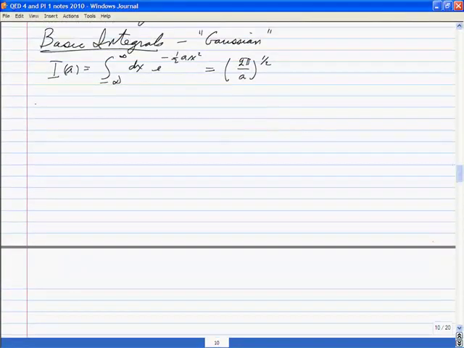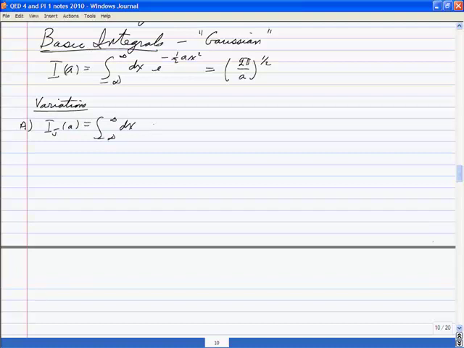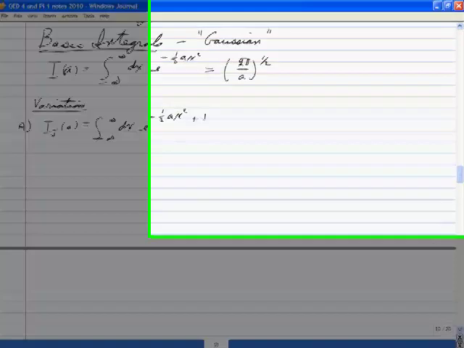Good. Now we're going to do variations on an integral. Okay. So here's variation number 1. I guess I've labeled them A, B, C. So let's define I sub j of A, which is the integral minus infinity to infinity dx e to the minus 1/2 ax squared plus jx.